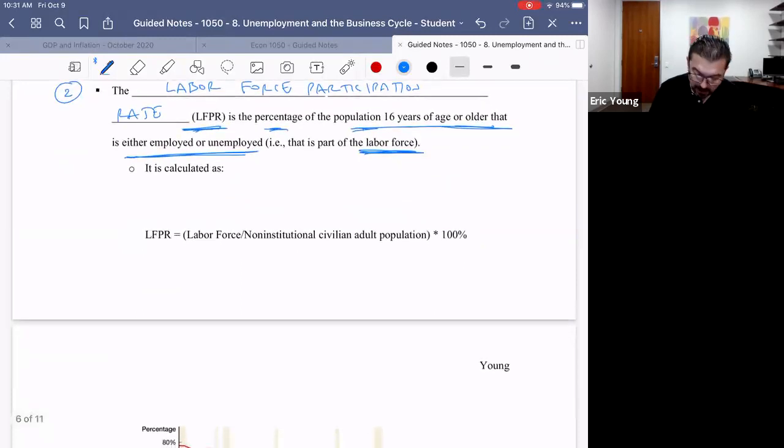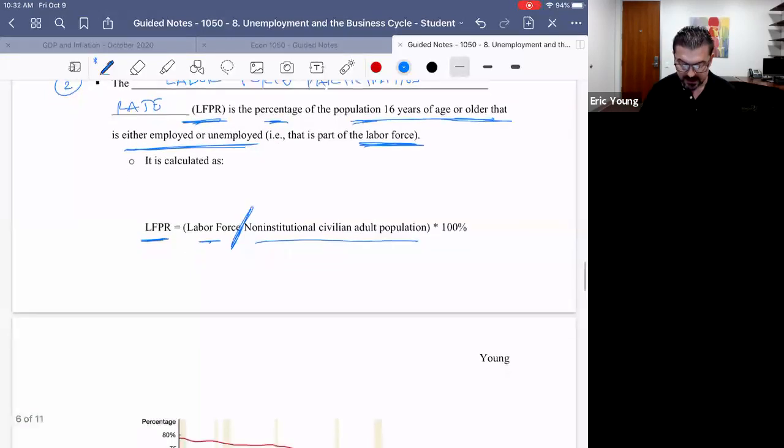Therefore, you calculate it as the LFPR is equal to the labor force divided by the non-institutional civilian adult population, the ACNI. Okay? I know it gets kind of confusing to take these two different metrics and make sense of them. So the best way to go about it would be to remember that they tell different but related stories. One way to think about it would be this.